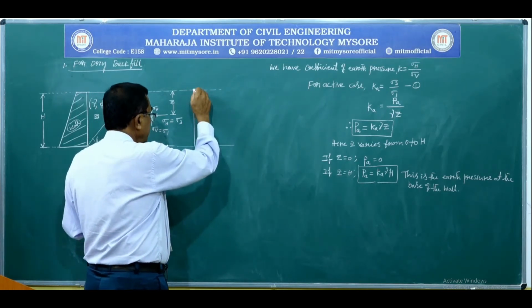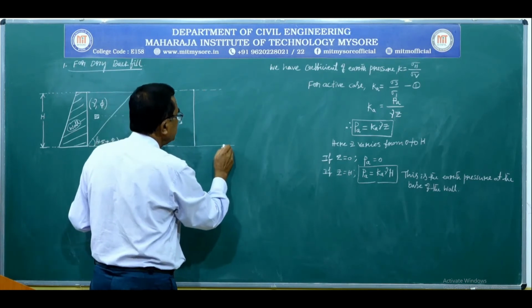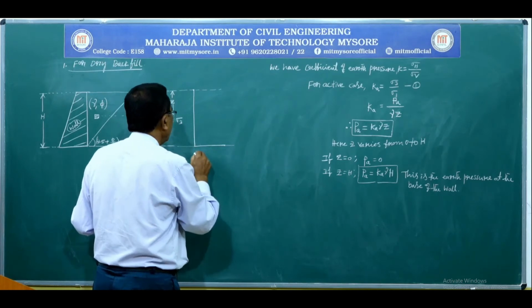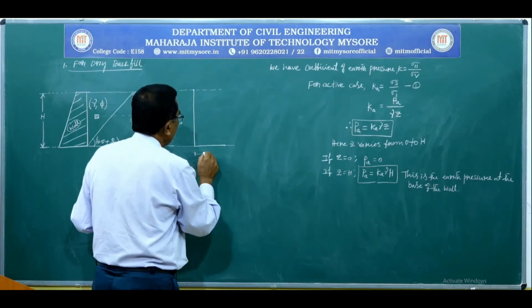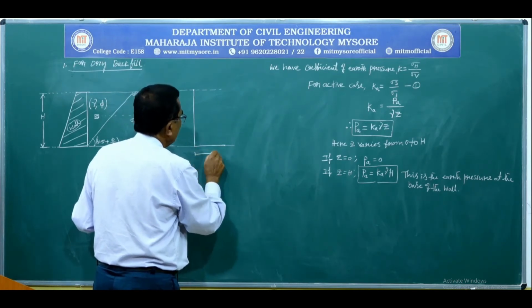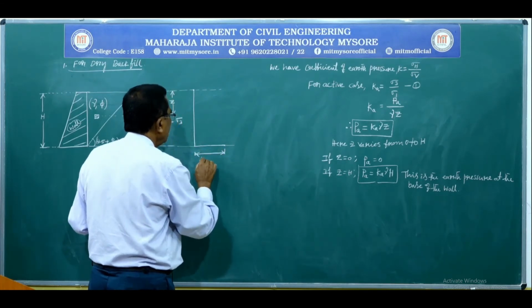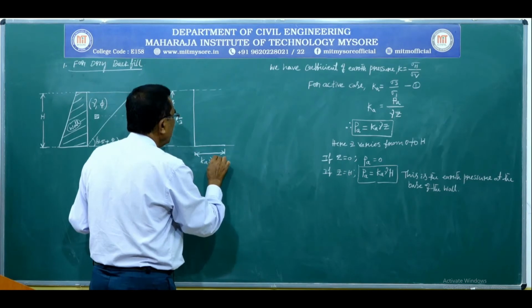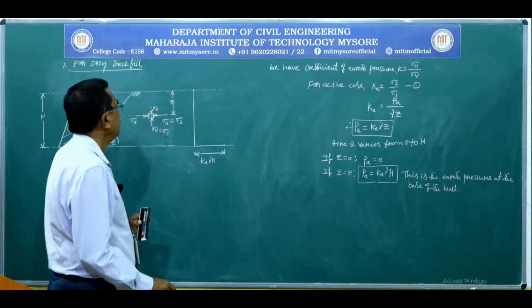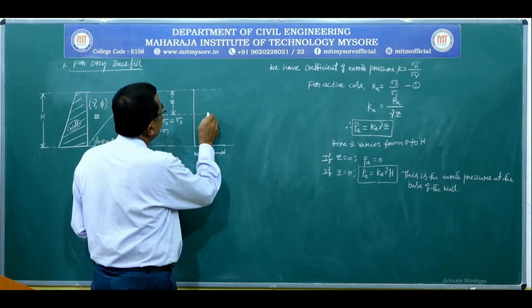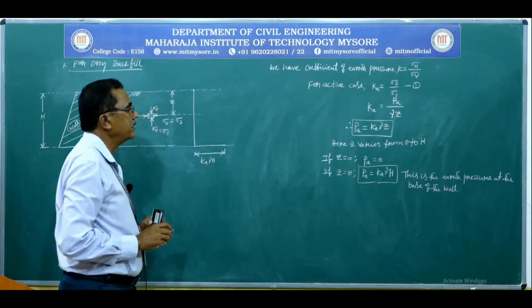At the surface PA is 0 and at the base it is Ka into gamma into H.